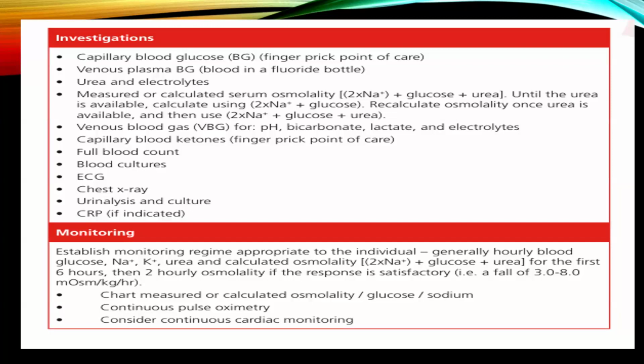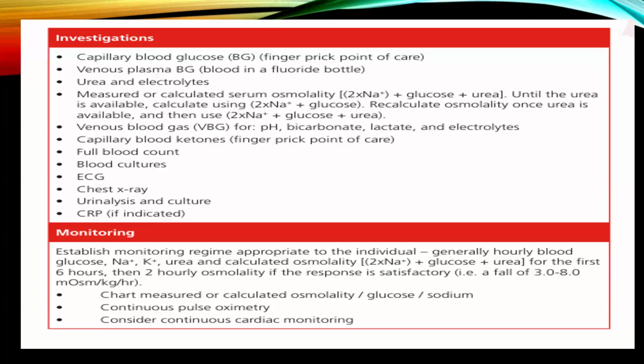Recalculate osmolality once the urea is available, and then use the correct formula, that is 2 times sodium plus glucose plus urea. Then blood gas for pH, bicarbonate, lactate, and electrolytes. Capillary blood glucose, full blood count, blood culture, ECG, chest X-ray, urine analysis and culture, CRP.